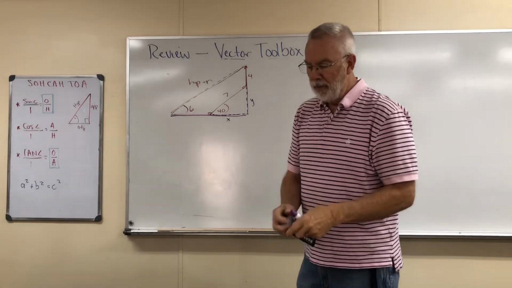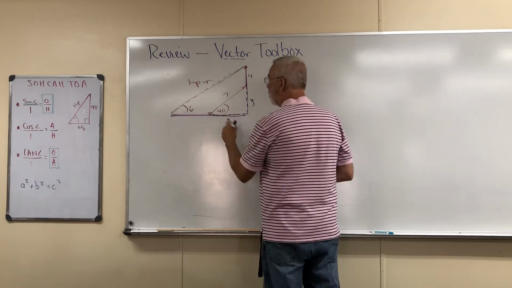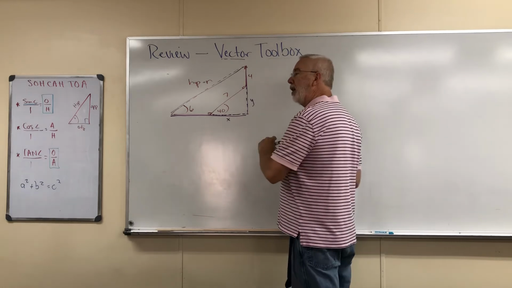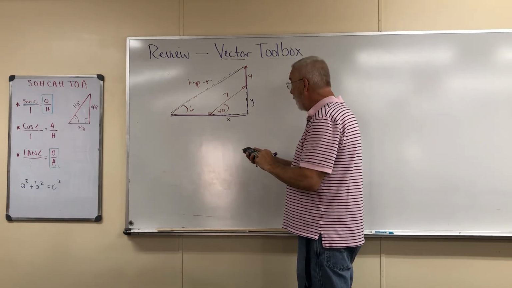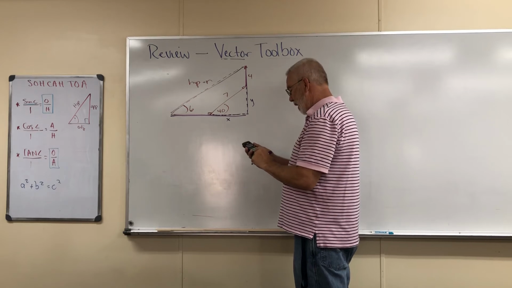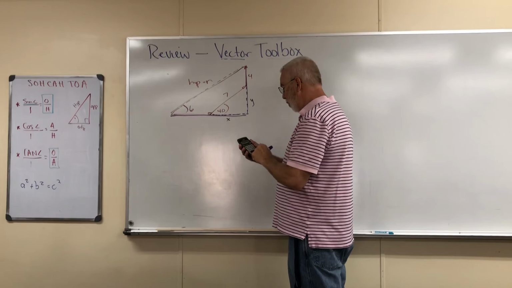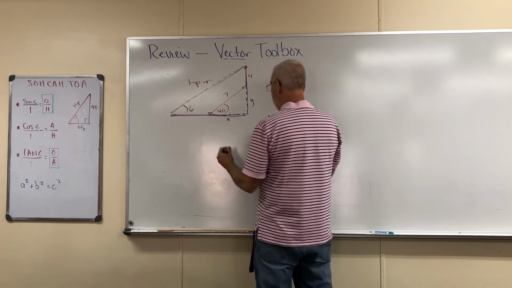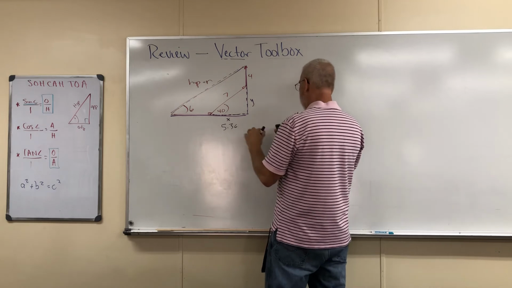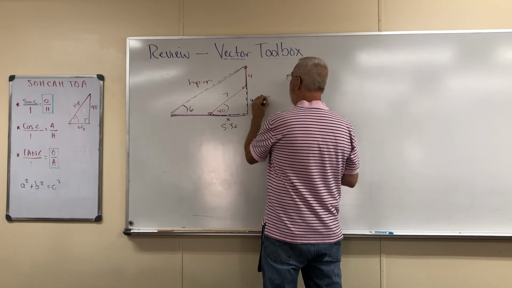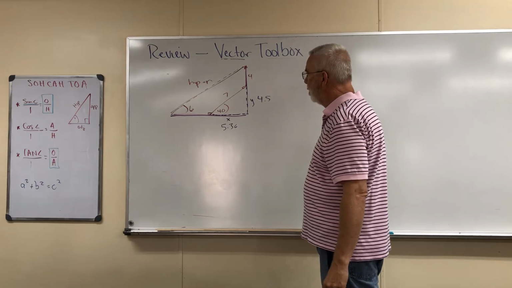Okay? So when we do that, we've got a R and theta, so we're going to go polar to rectangular, and we're going to solve for the X and the Y. So I've got 7 at a 40, and polar to rectangular gives me 5.36 here, and 4.5 there. Rounds off to 4.50.